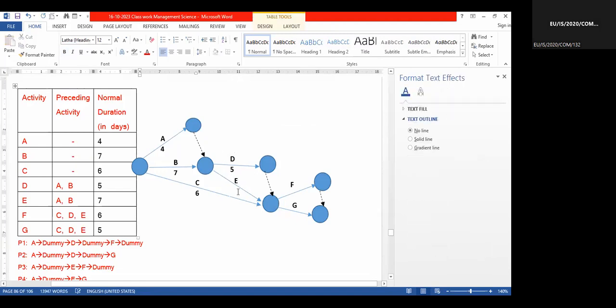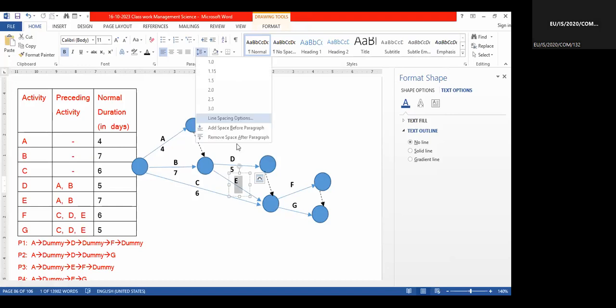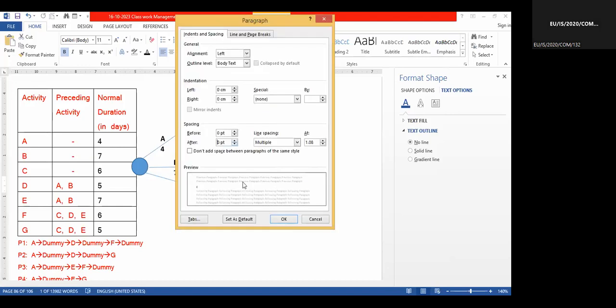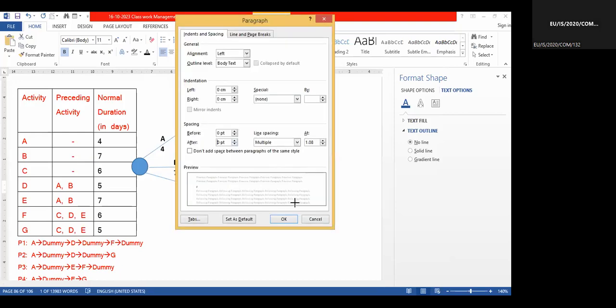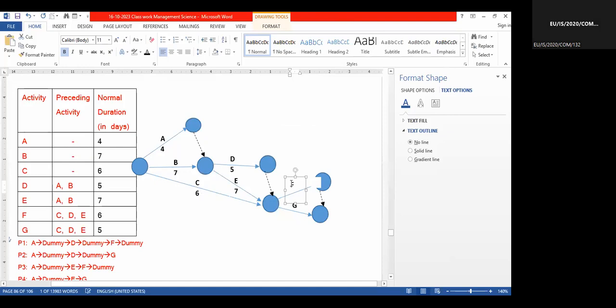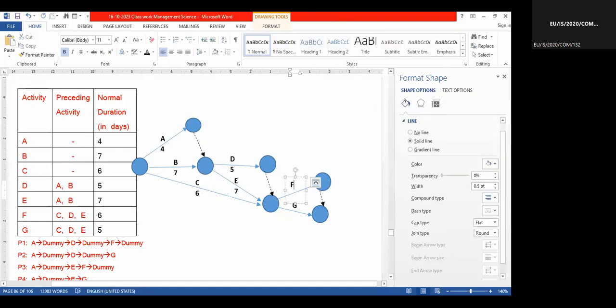E, how many days? 7 days. F, how many days? 6 days.